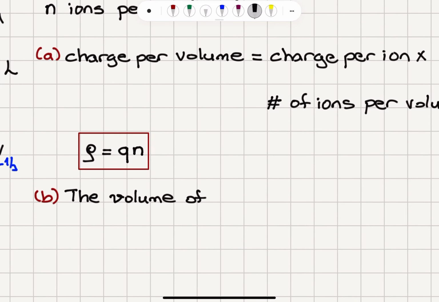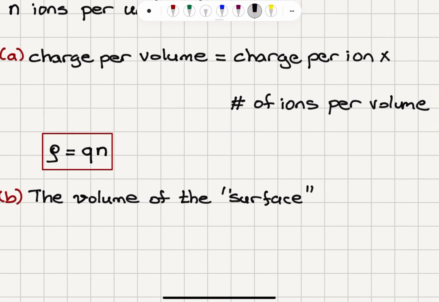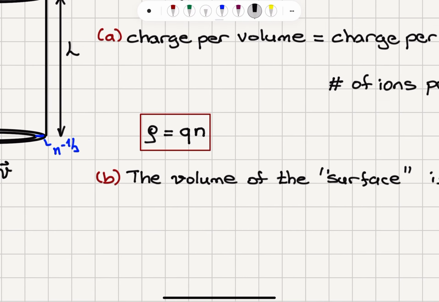By surface, we mean a thin shell here. So it's the volume of the surface, that's why we are using these quotation marks, is its thickness.